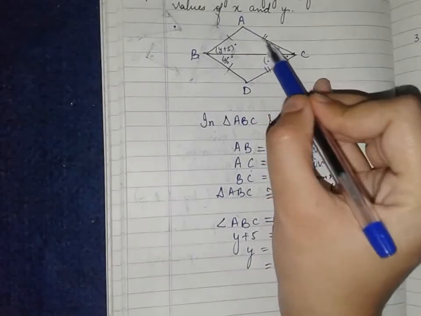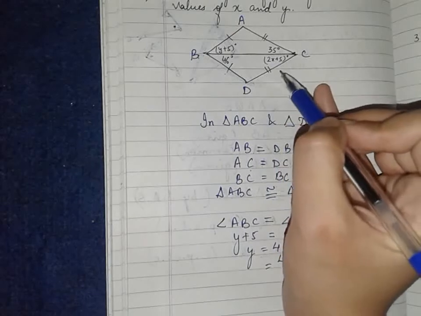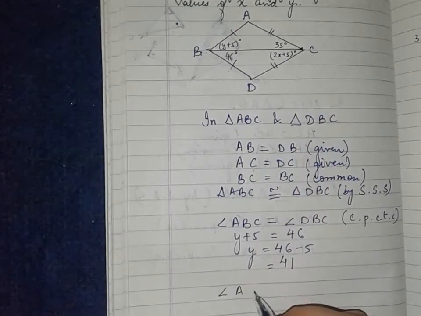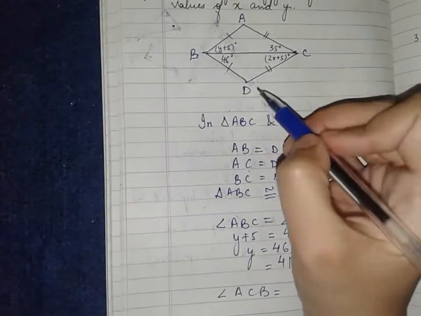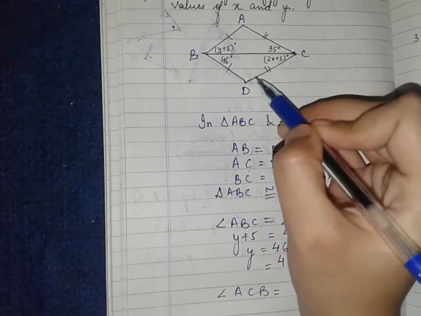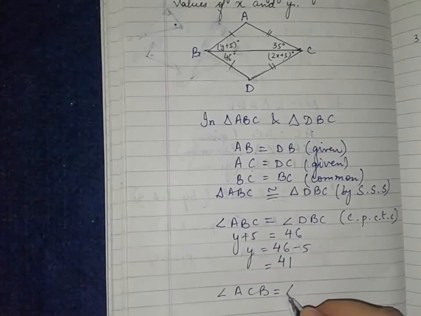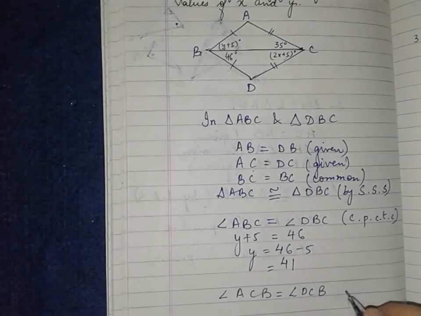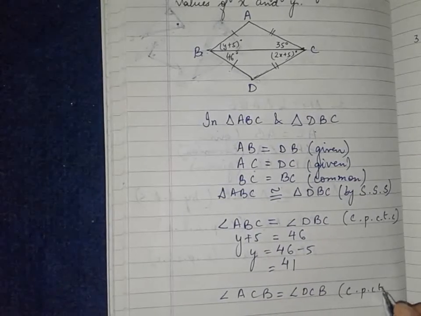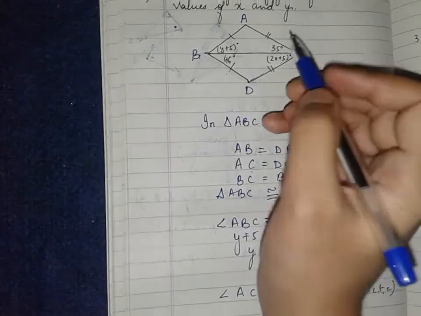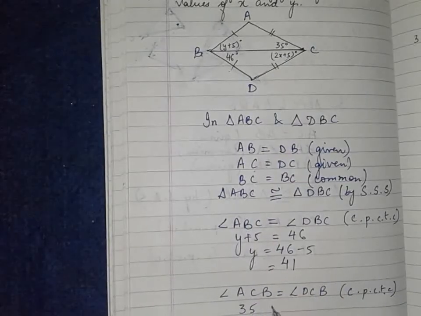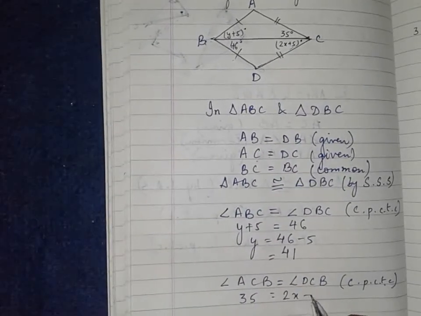Similarly, the angle between this side and the common side is 35, that is angle ACB is equal to the angle between the equal side of this, DC, and the common side, that is angle DCB, by CPCTC. And what are the angles? 35 is equal to 2x plus 5.